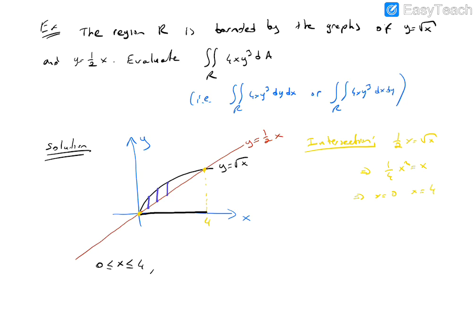For x equals 4, this is 2, for example. So y always changes from 1 over 2x to the square root of x. The points x and y which satisfy these two conditions form our region. So this is the regular x region.